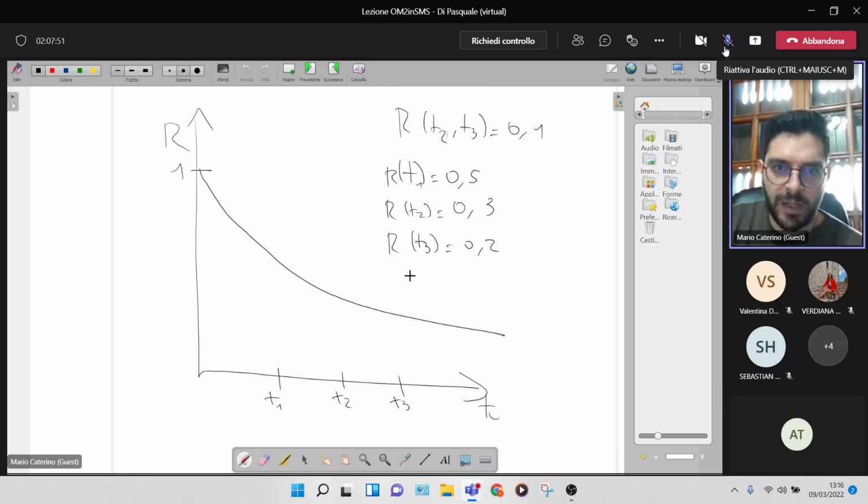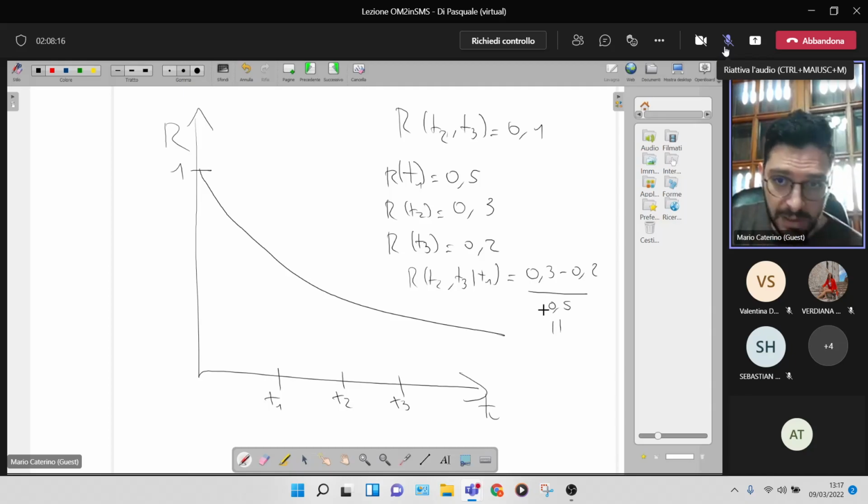We have R(T2,T3) knowing that it is arrived to T1 equal to 0.3 minus 0.2 divided by 0.5. And this is equal to 0.1 divided by 0.5, that is equal to 0.2.